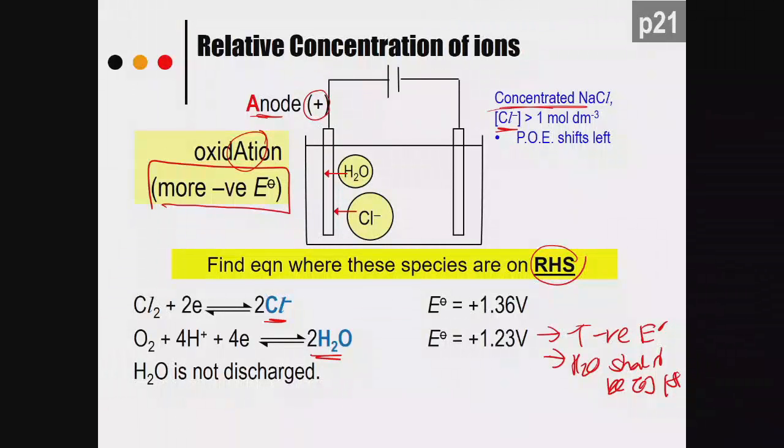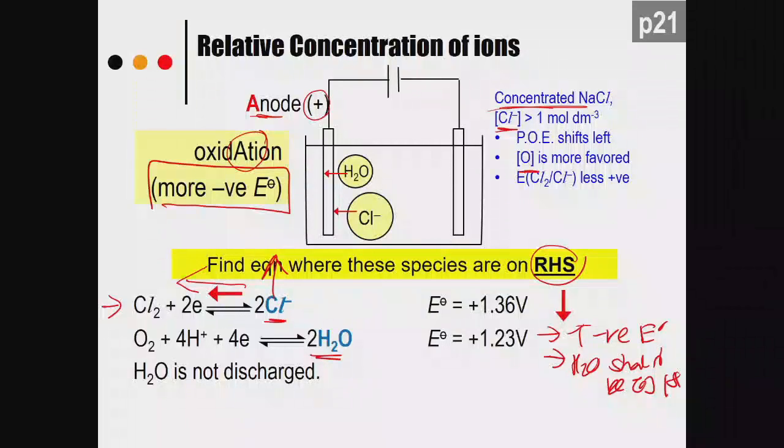And please remember, if you look at this half equation, when the concentration of Cl- is very high, it will shift the position of this equilibrium towards the left hand side, and therefore it will favor the oxidation reaction. So the E0 value for your Cl2, Cl- is now less positive, because the backward reaction is more favored.